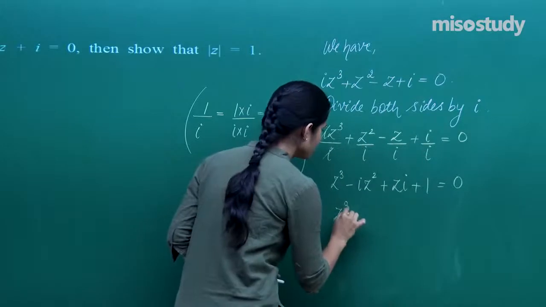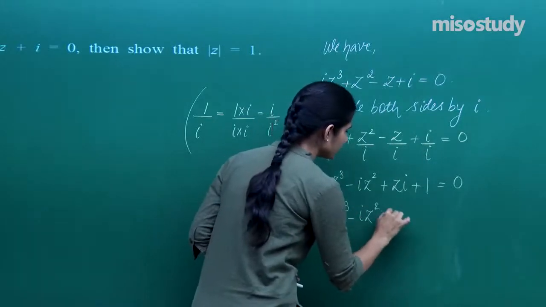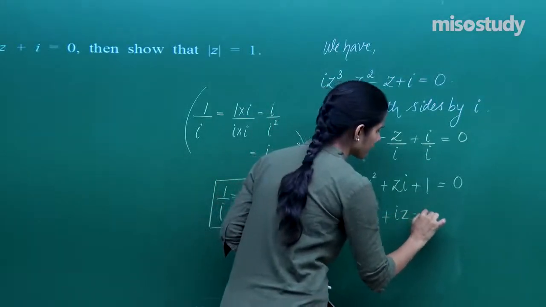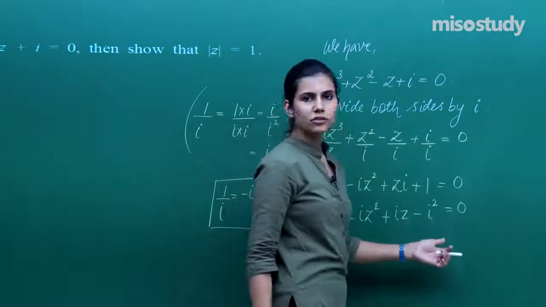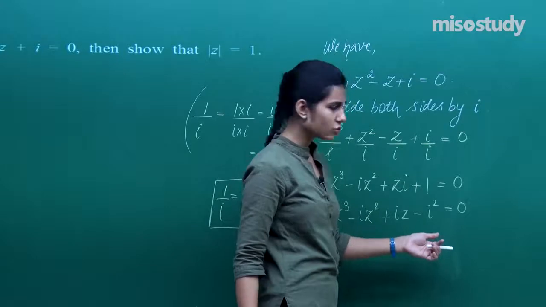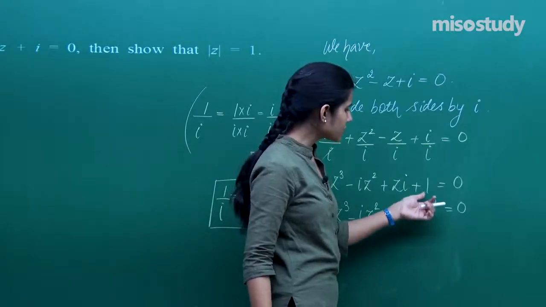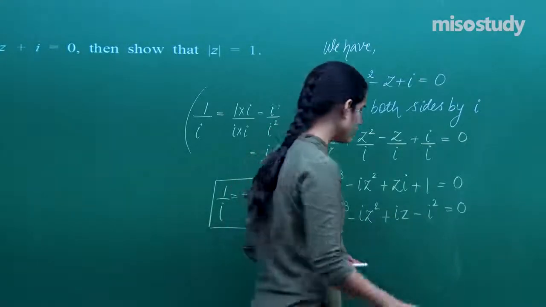Now you basically manipulate this expression. You write plus 1 as minus iota square. Iota square is minus 1, minus minus is plus, so minus iota square gives you plus 1.